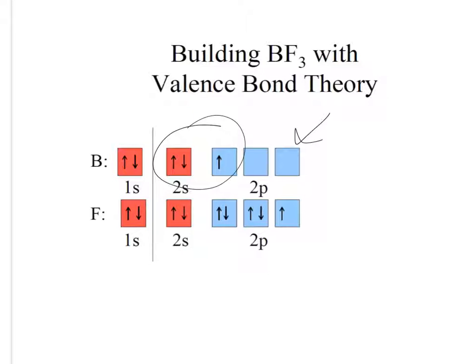Well, where are they going to go? Here the fluorine atoms can overlap their 2p orbitals with half-filled orbitals of other atoms, but boron only has 1 half-filled orbital. So it would appear as though boron can only accept 1 electron from the fluorine atom in order to make 1 bond.